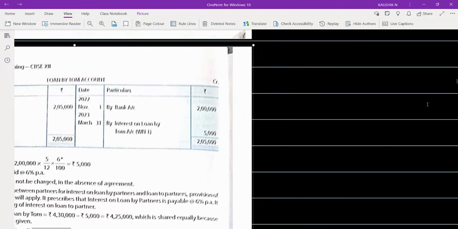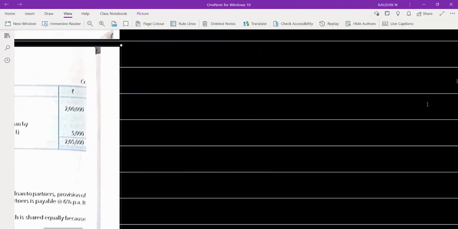There are some entries to be followed regarding loan by partner and interest on loan by partner.